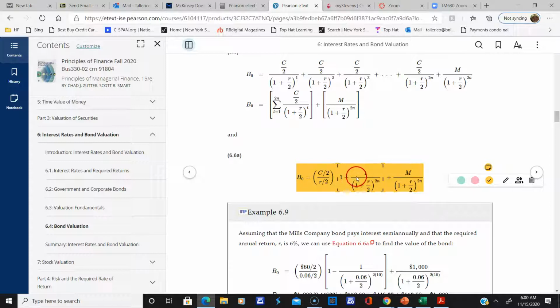And you take 1 minus this term here. And here's the 2N, you're doubling the compounding period, the coupon periods, right? You double that right there, you see that? Again, here's your required return divided by 2. And then on the right side of the positive sign, we have the present value of a single lump sum, divided by the required return over 2, raised to the 2N periods. So this is important.